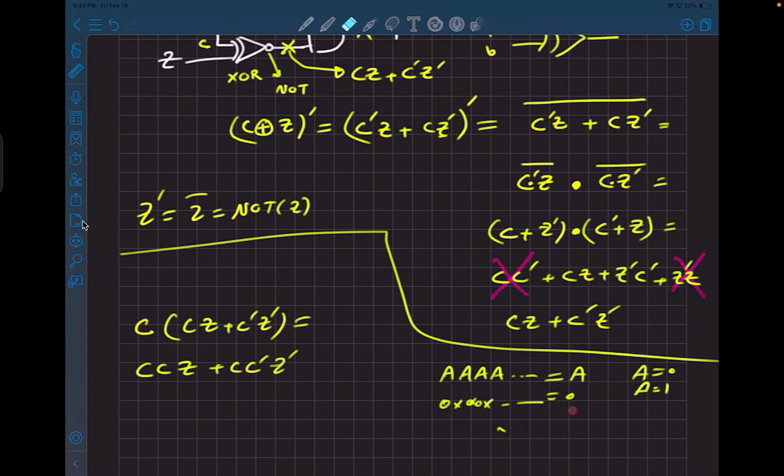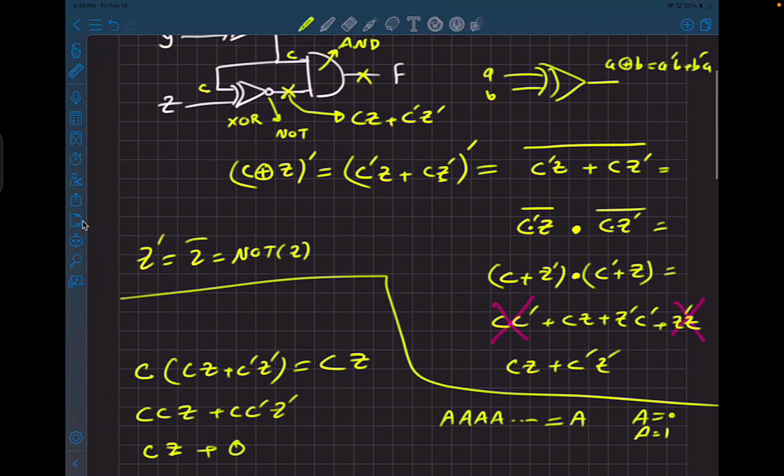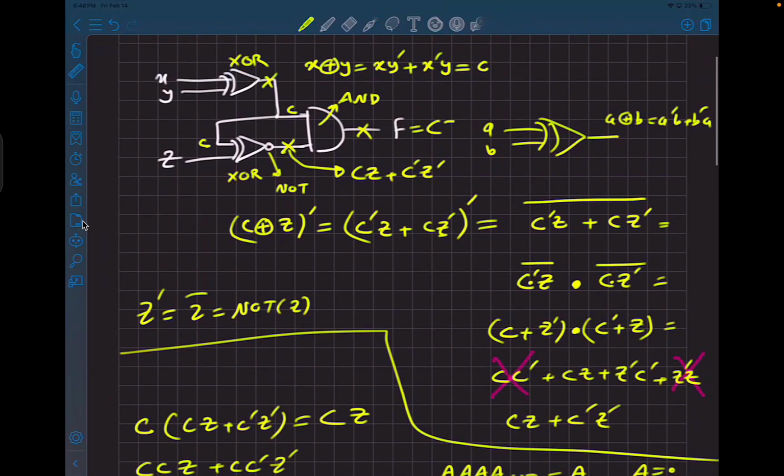So you can get rid of multiple multiplication of C and just write one of them there, CZ. And for the other one, we already learned multiplication of a variable to its complement equals 0. So the second part becomes 0. So simply what remains is CZ. So F equals to CZ.